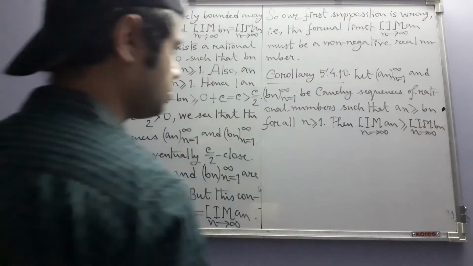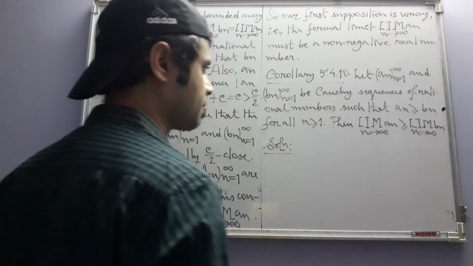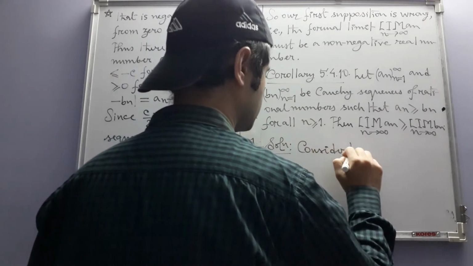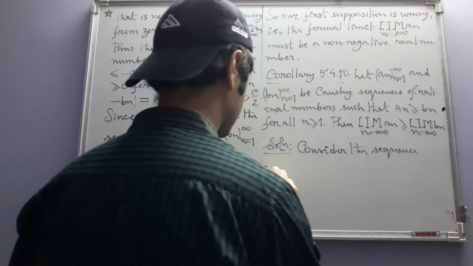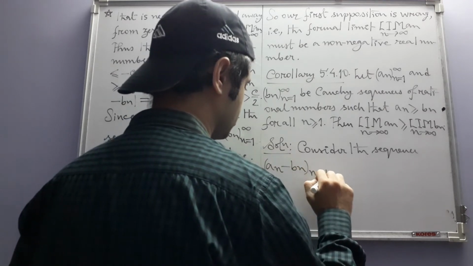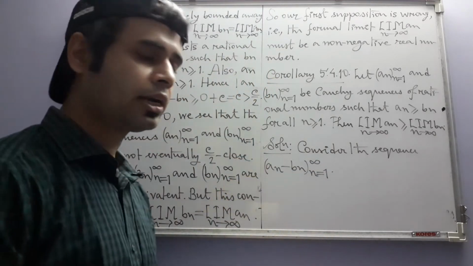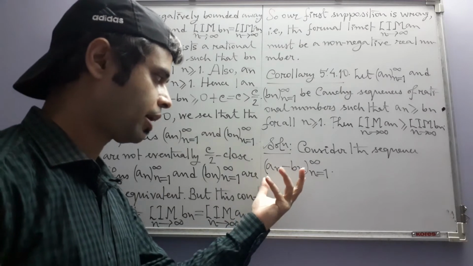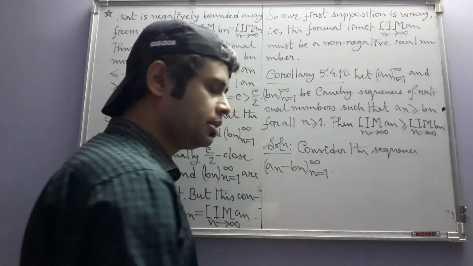Okay. Consider the sequence an minus bn. From the fact that subtraction of real numbers is well defined, we get the fact that this is also a Cauchy sequence, or you can do it in two steps.